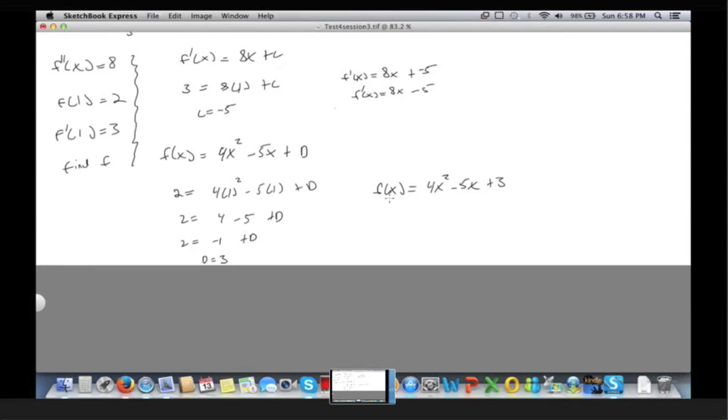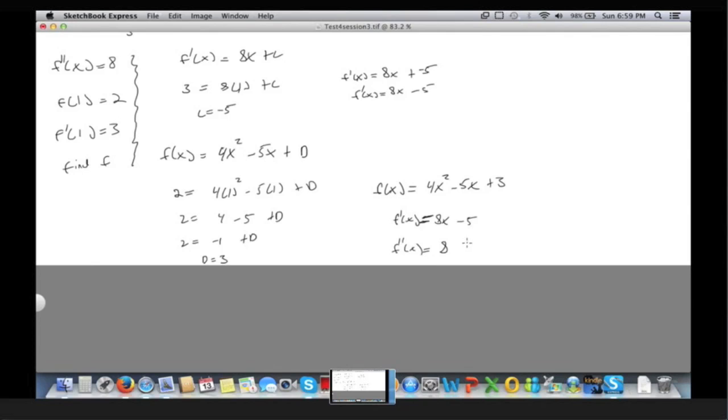So let's do the check. Okay. Yep. That's true. Then if we take the derivative of this, we should just get 8. Oh, that's true.